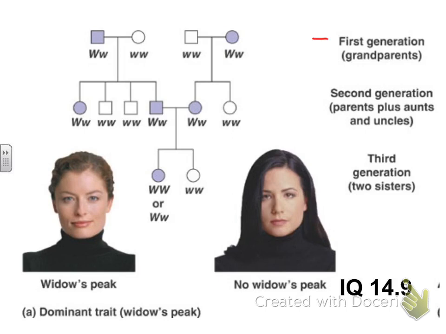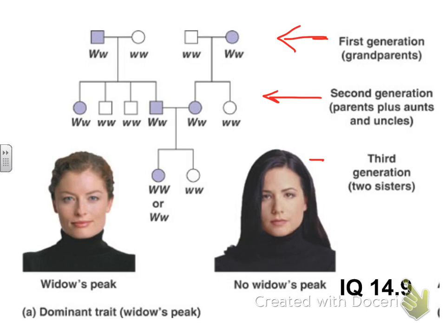These 2 girls are what we're looking at here, and we're looking at whether they have widow's peak or not, that growth pattern of hair. Up in the next generation above them, that would be their parents. This is dad, this is mom. And then their aunts and uncles as well. And finally up here we have both sets of grandparents for those girls.